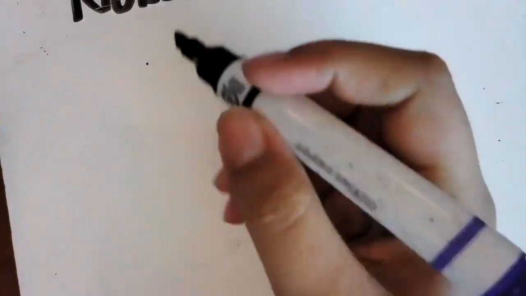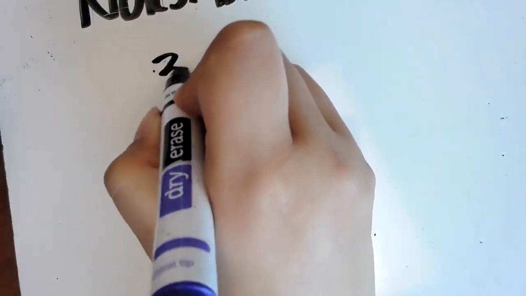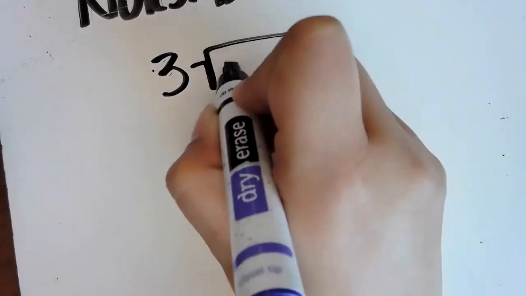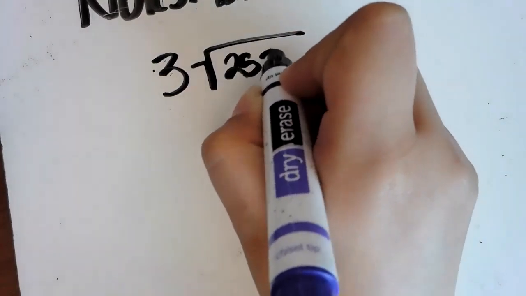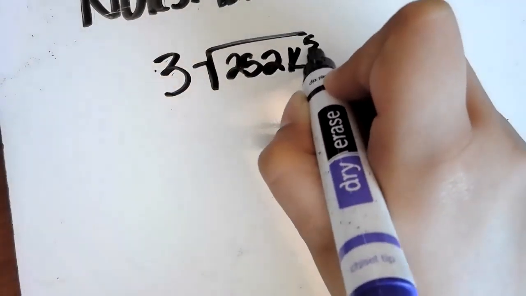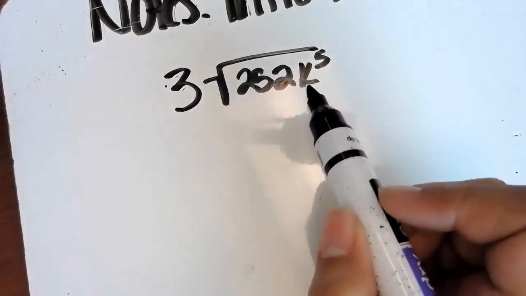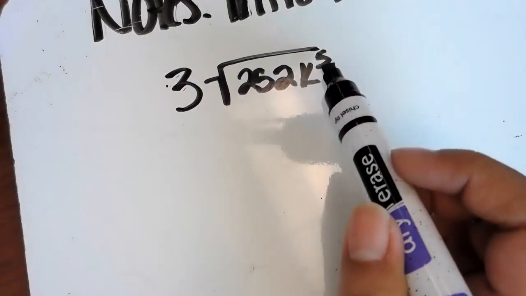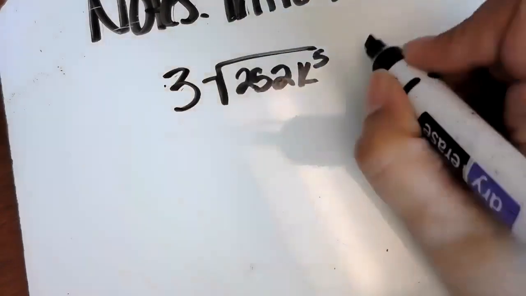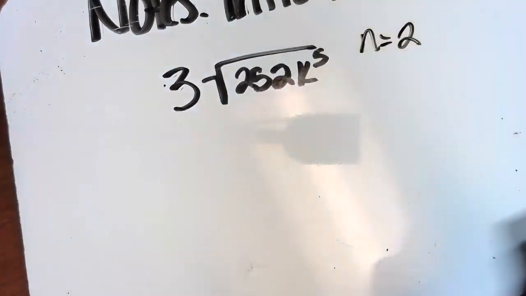Let's look at another example. And I'm doing examples that kind of resemble the ones that I left for you to do for your homework. So when you have a variable, you want the power of the variable to be a multiple of the index. So in this case, we're working with an index of 2.